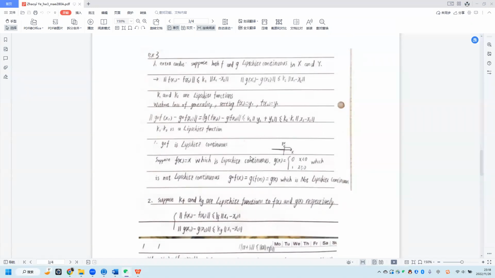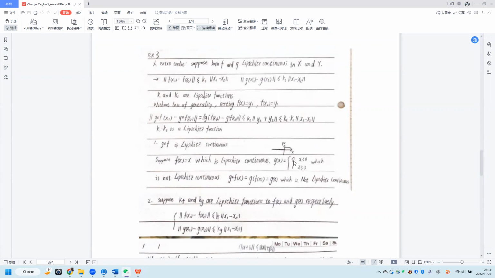After the extra credit, in the normal conditions, we can suppose that there are two functions. The first one is simply f(x) equals x, and the second one is not a continuous function.